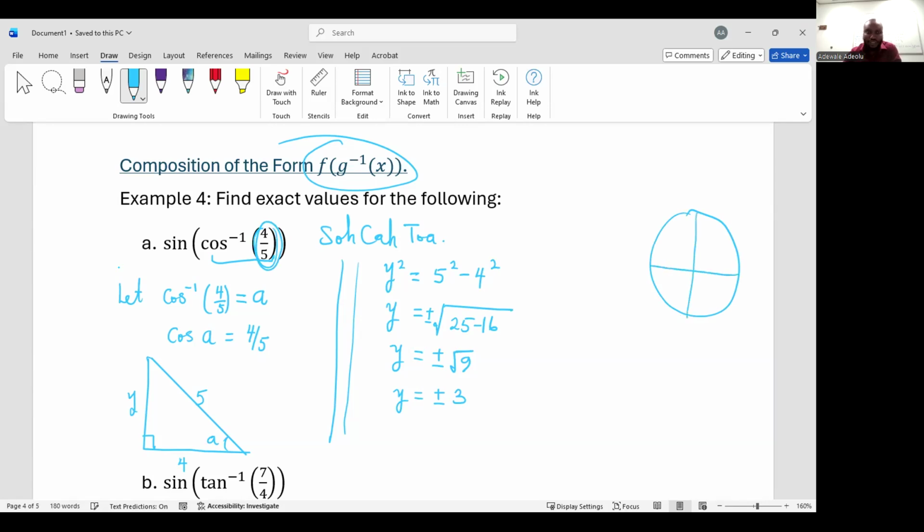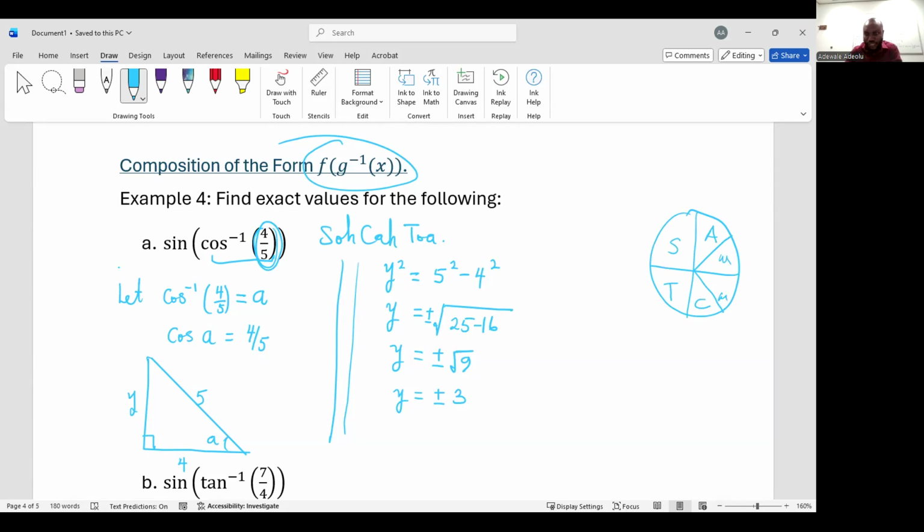That input is positive there, so it feels like our angle should be somewhere here or somewhere here. Remember, all students take coffee. So cosine is positive here, positive here.